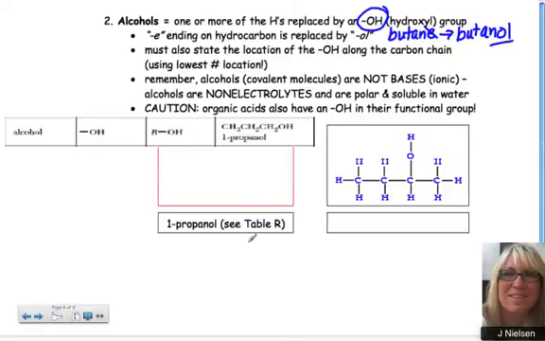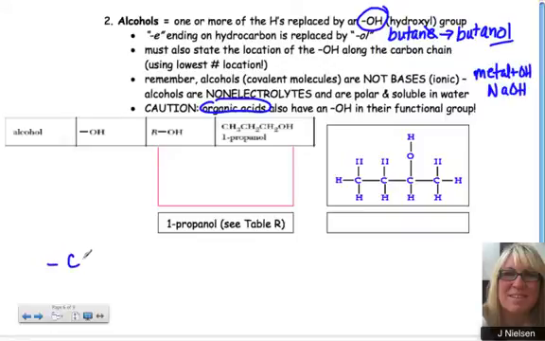Remember, alcohols are covalent molecules made up of all nonmetals, not bases. Bases are a metal plus OH, as in the example NaOH. And alcohols are all covalent nonmetals with OH. And also, don't get it confused with an organic acid.